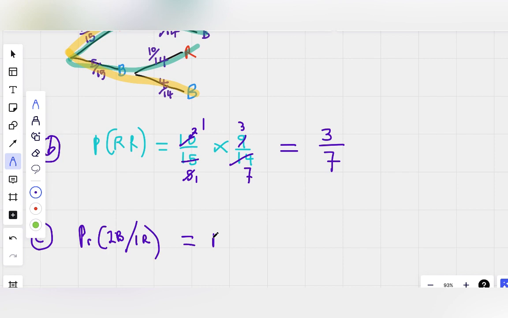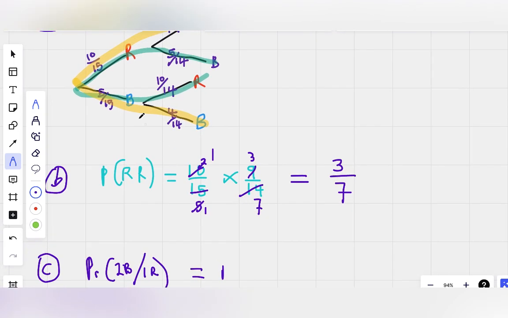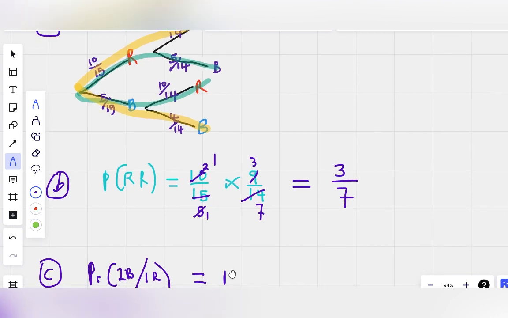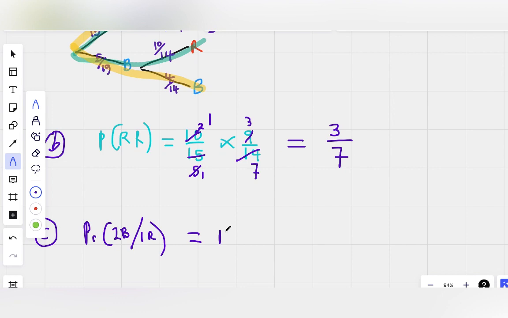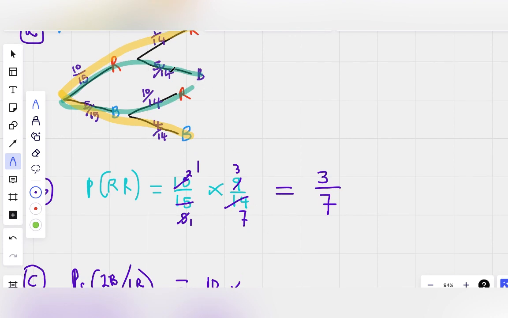So we have the probability 10 over 15 for the first one being red, 10 over 15, times the second one being black.